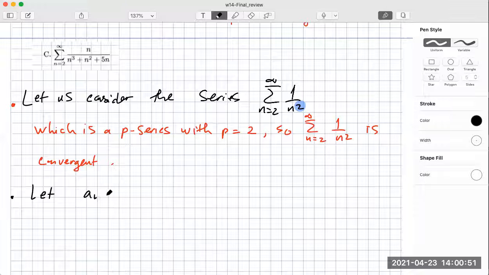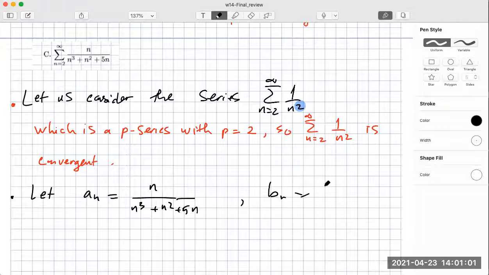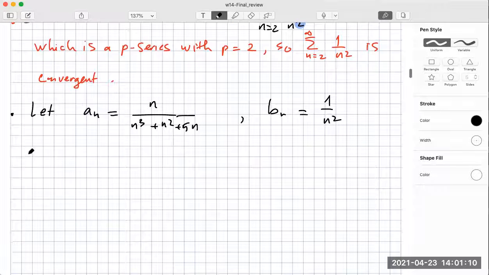Let us call a_n this one, and b_n this one.